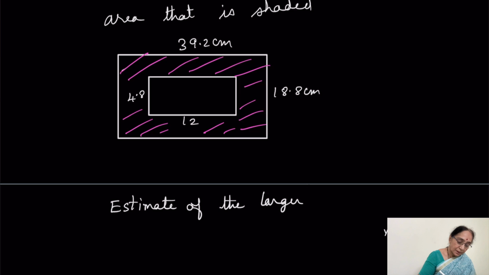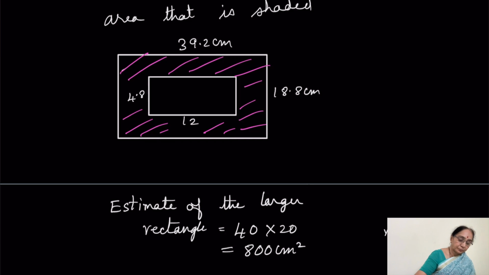Estimate of the larger rectangle, the area: that will be 39.2. I'm going to round it to 40 because it's close to 40. And 18.8 is close to 20. So that becomes 800 centimeters squared.